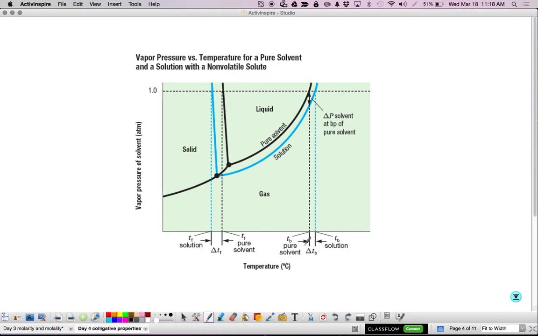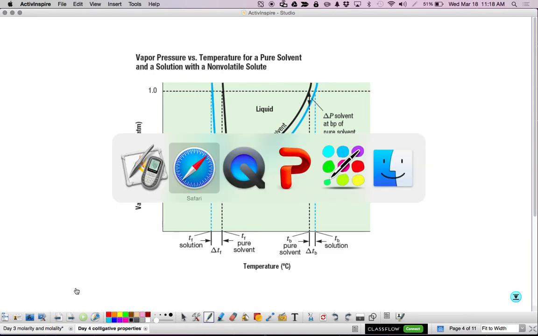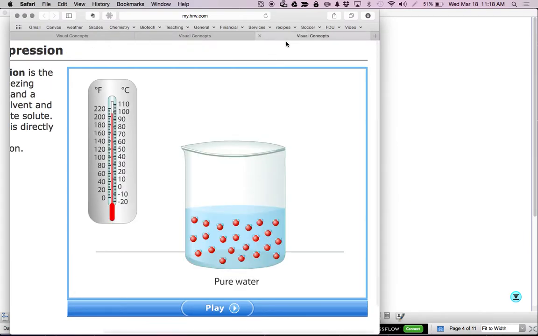So there's an increase in the boiling point of the solution. And if I follow this line down, it's going to have the same slope as the pure solvent, and that means it's going to meet this transition at a lower point. So this is freezing point depression now.